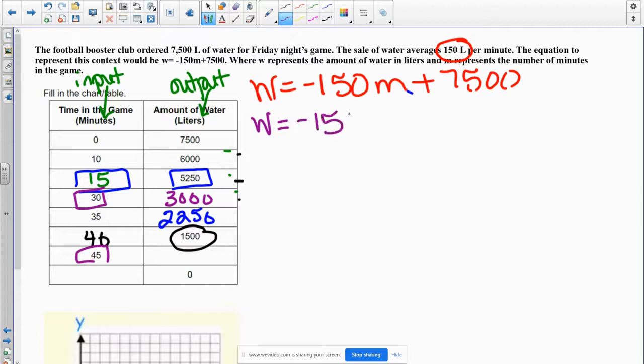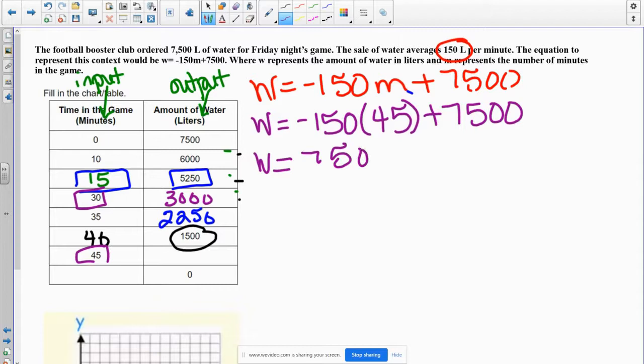So that's where we're going to take the negative 150 times the number of minutes, 45, add that to 7,500. So negative 150 times 45, and then you're going to add that to how much water was at the beginning, and we only have 750 liters of water left after 45 minutes.